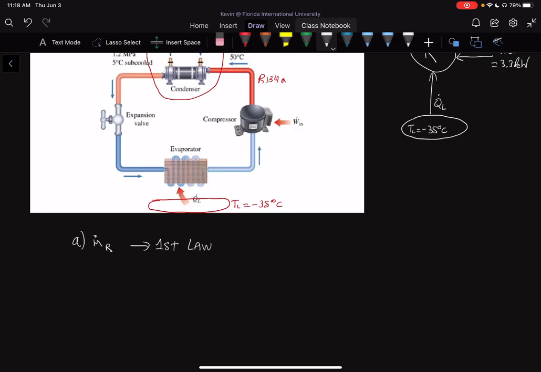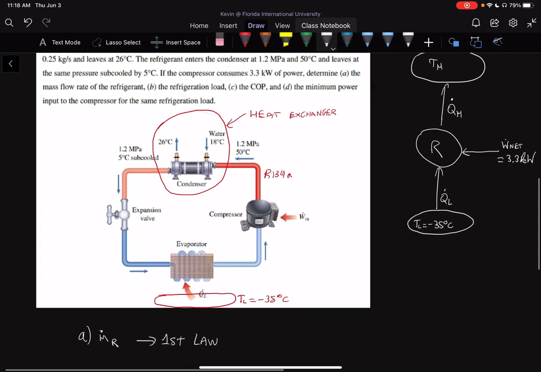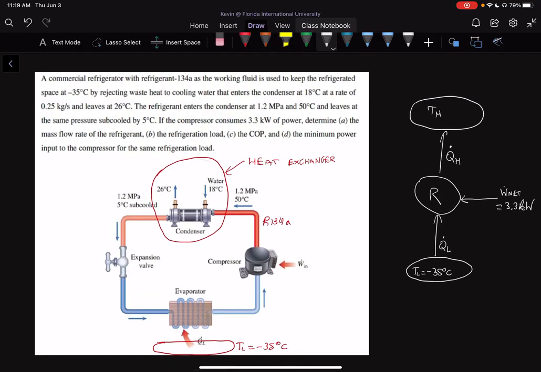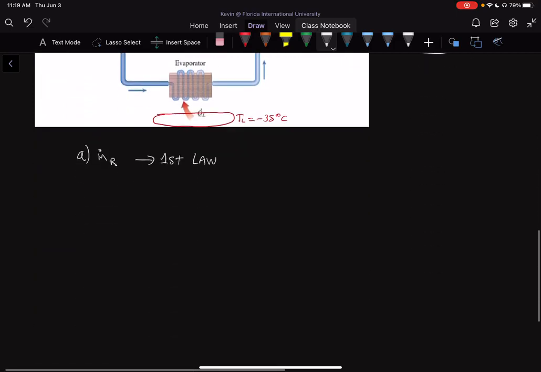And we know we have a lot of information on the condenser system. So we have all the information of the water coming in and water coming out of the condenser, as well as the information for the refrigerant coming into the condenser and out of the condenser. So we can draw a little diagram of the heat exchange taking place within that system.